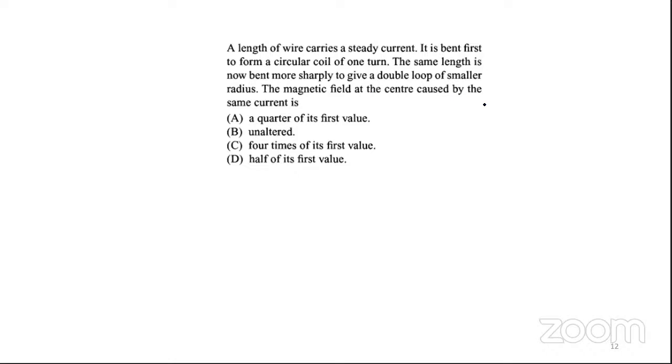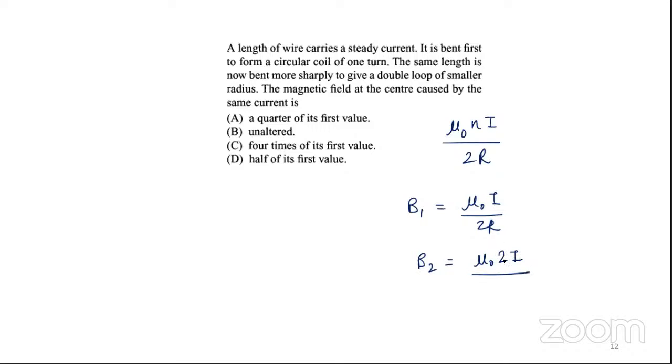The magnetic field is given by mu naught n I by 2r. So in the first case it is mu naught I by 2r, and for the second case it is mu naught 2I by 2r.